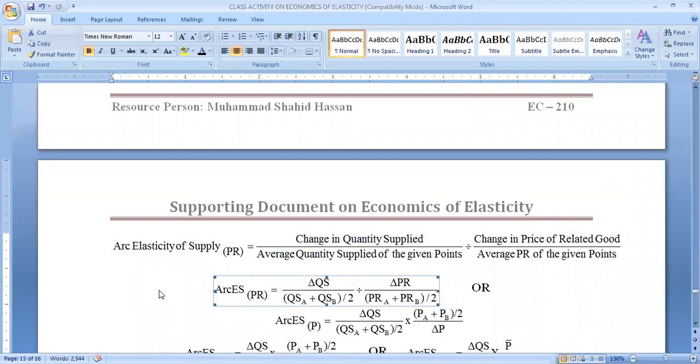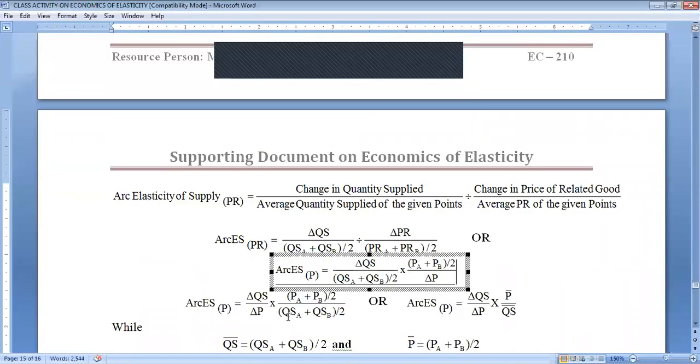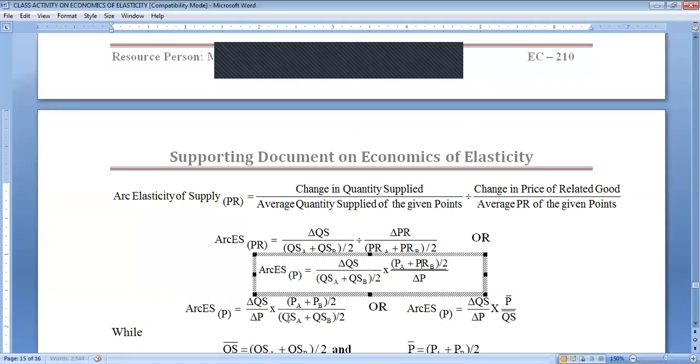Or it can further be written as arc elasticity of supply with respect to price of related good equals delta QS over average quantity supplied of 2 points multiplied by average price of related goods of 2 points divided by delta PR.